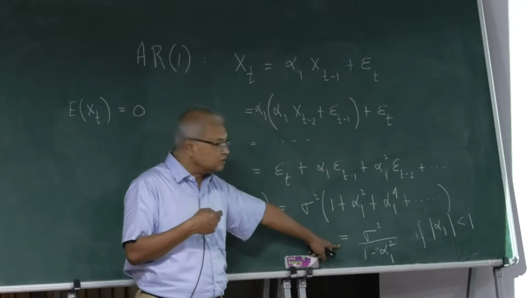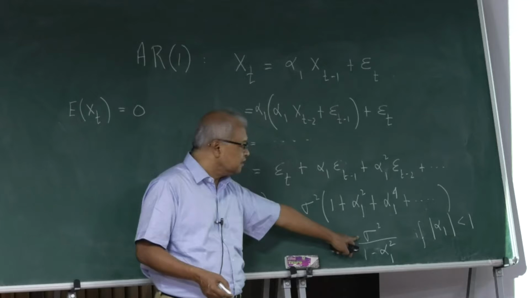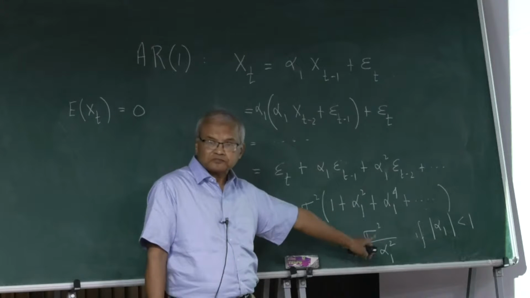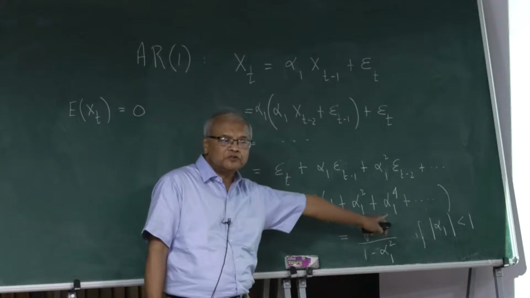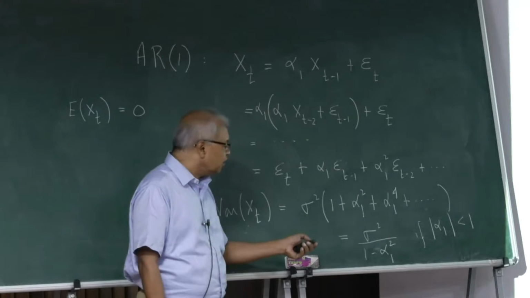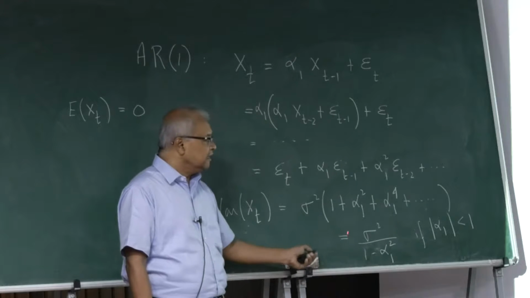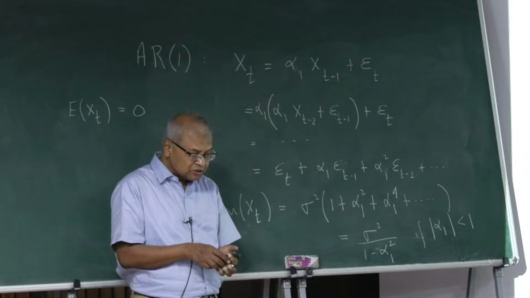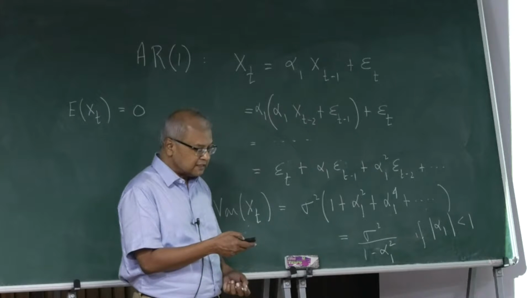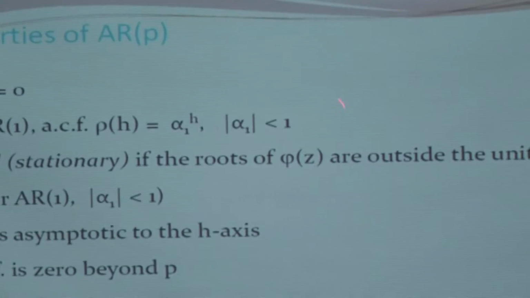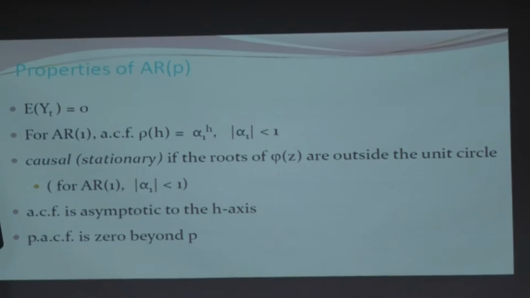If it was not that, then you would have had alpha 1 to the power of twice t minus 1, or 1 minus alpha 1 to the power of twice t here. In that case, this would have been dependent on t. It would not have been stationary. So for the process to be stationary, it is necessary that this condition holds.